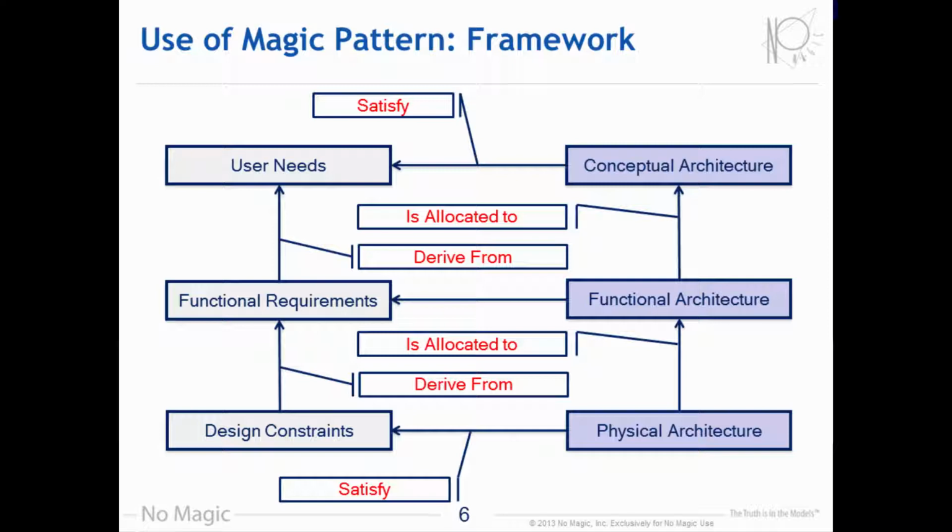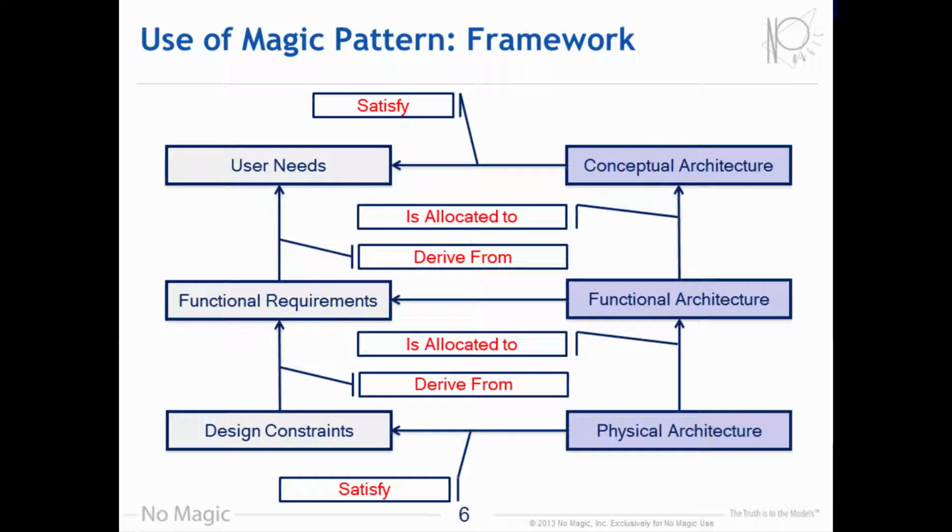Once you have functional architecture, or sometimes people call it logical architecture, then you start making your design choices and design decisions, and then you start to come up with design constraints or even more detailed requirements, which are driven or influenced by design decisions you make.